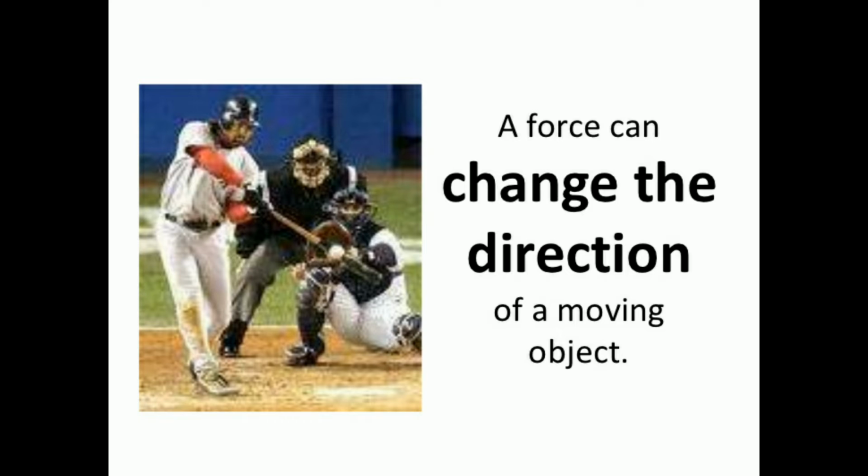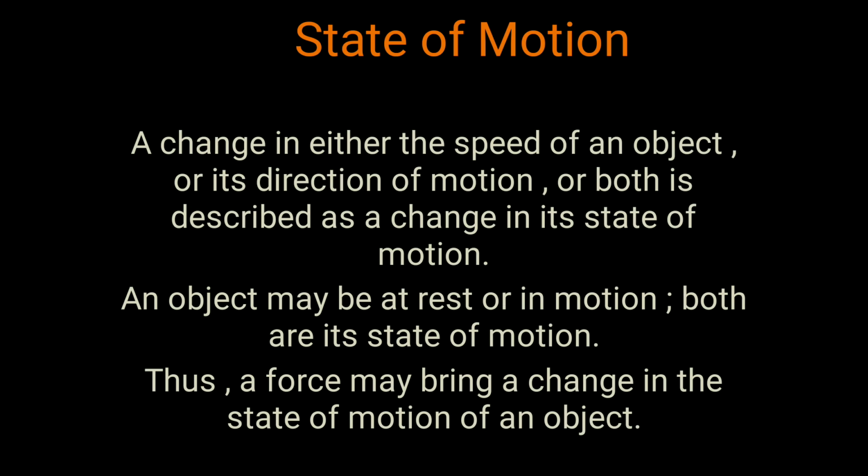Here the batsman applies the force to hit the ball with the bat, and the ball changes the direction of the motion, and also it changes the speed of the motion. So a force can change the direction of a moving object.